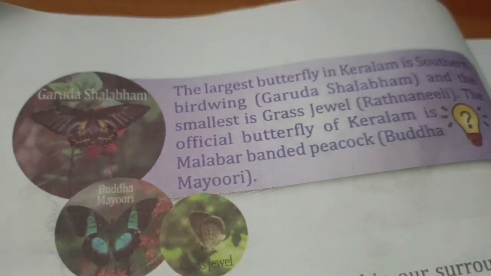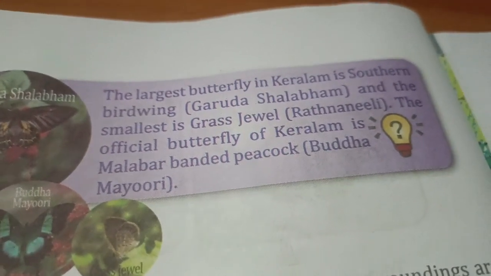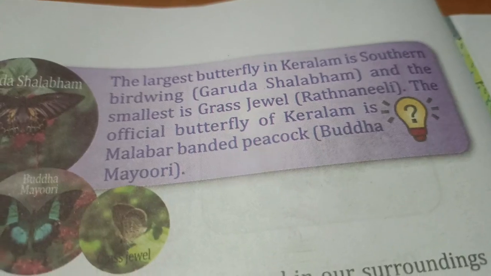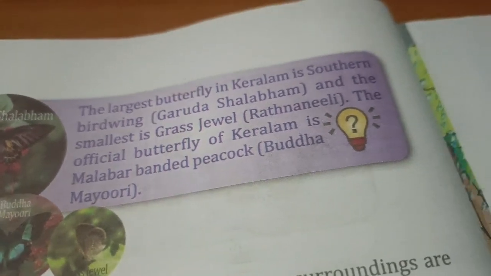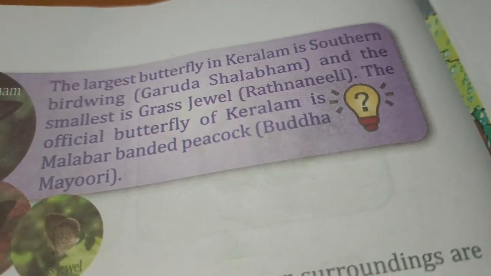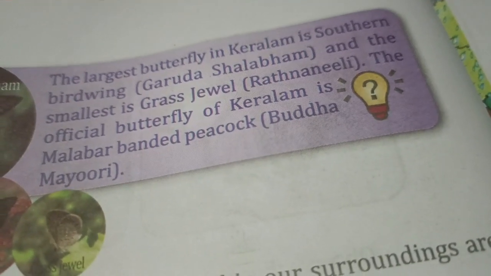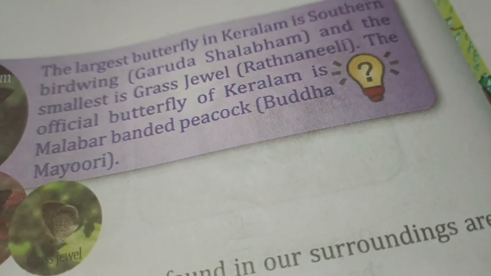Do you know the largest butterfly in Kerala is southern birdwing or Garuda Shalabam, and the smallest is grass jewel, Ratnaneeli. The official butterfly of Kerala is Malabar banded peacock or Buddha Mayuri.